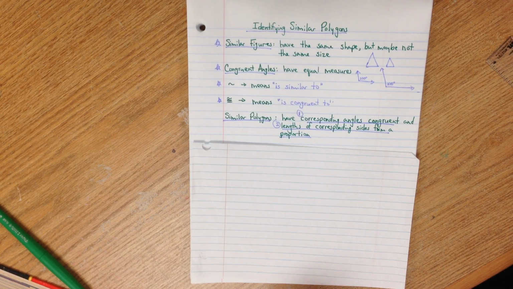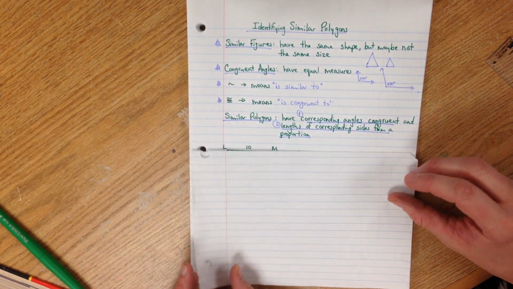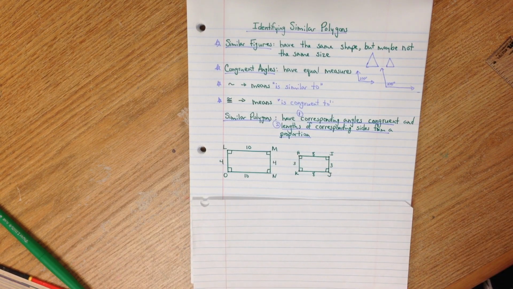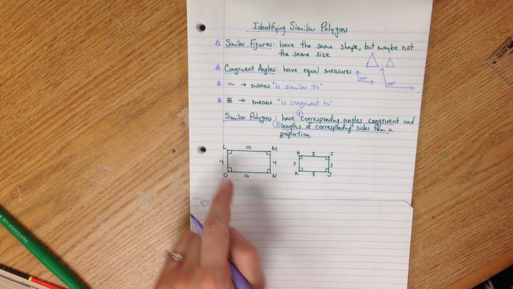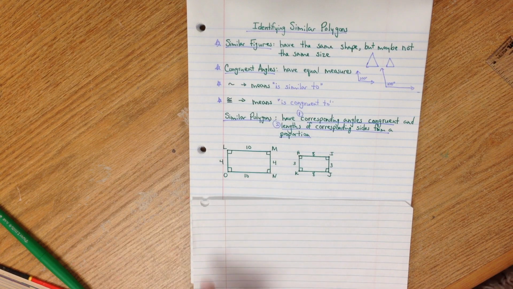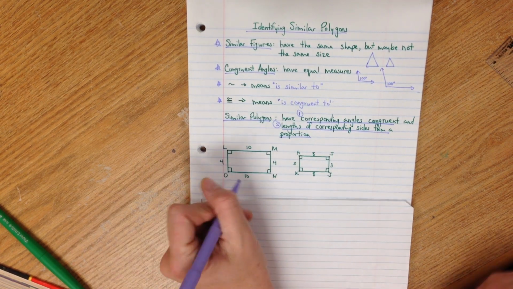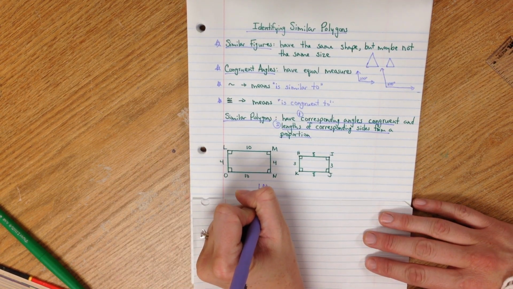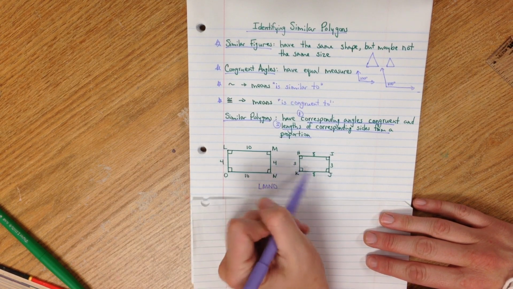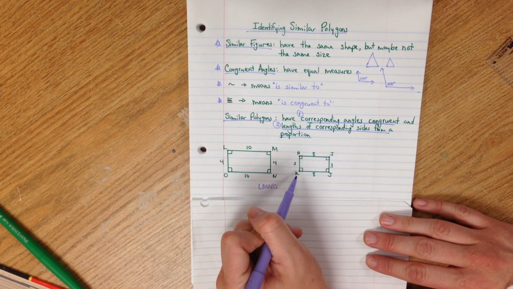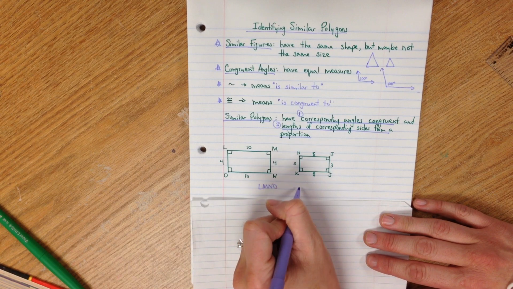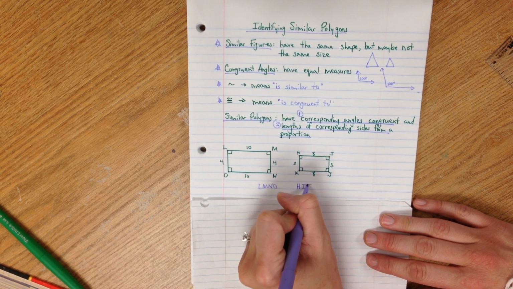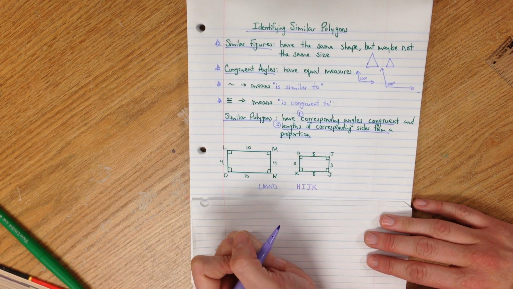So let me show you how we're going to do that. I have these two shapes here, two rectangles. This we would call rectangle LMNO, and this we would call rectangle HIJK. Notice that when I named them, I went in the same order.